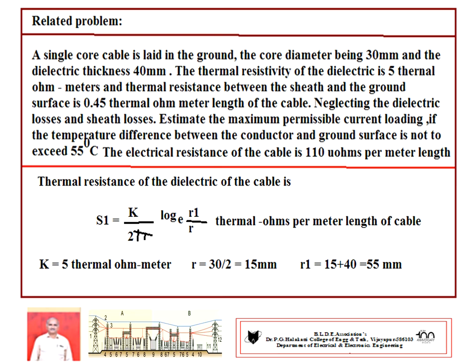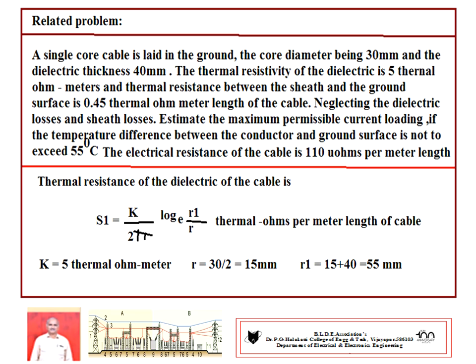The thermal resistance of the dielectric is denoted by S1; later S2 also comes. S1 equals K divided by 2 pi log e r1 divided by r. K is given as 5. The diameter of the conductor is 30 mm, so the radius is D by 2, 15 mm.